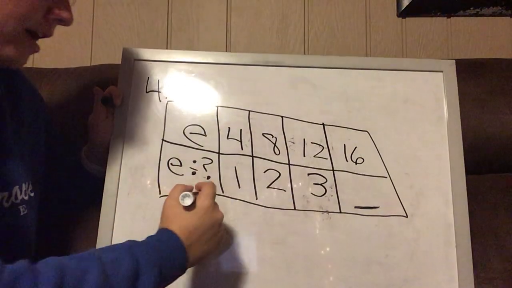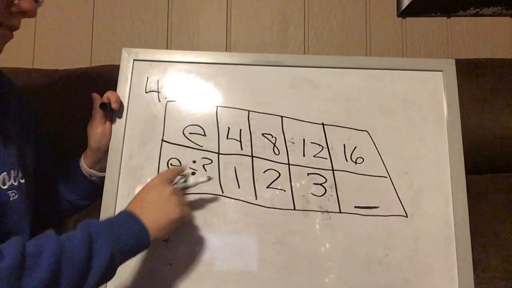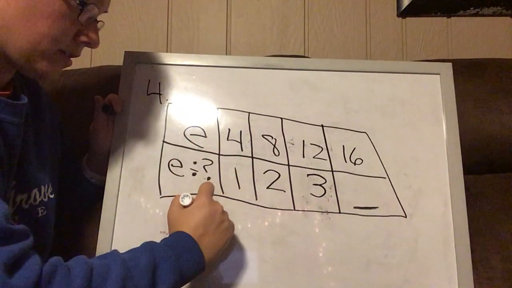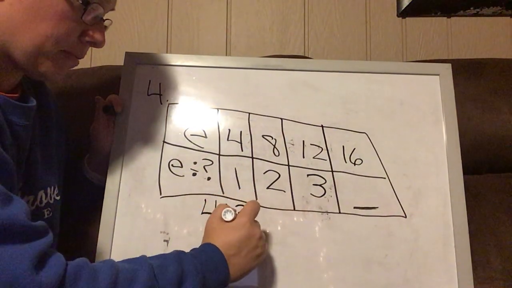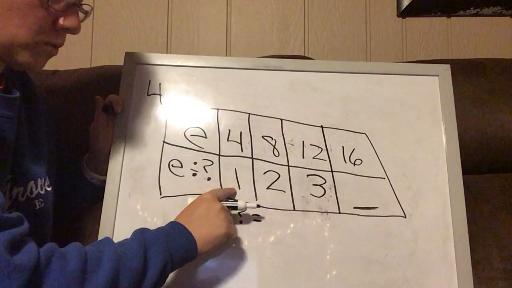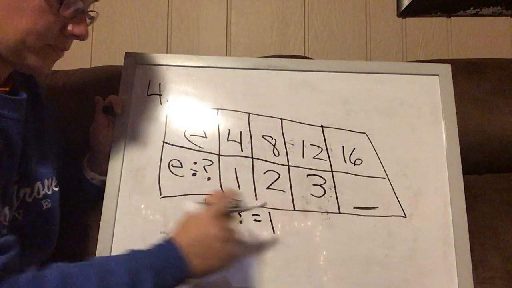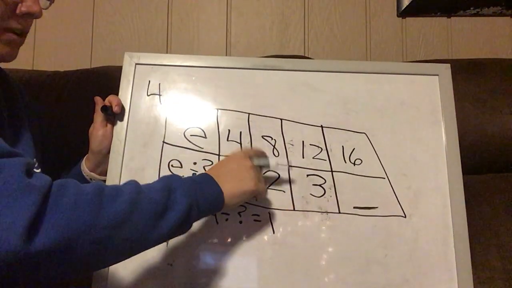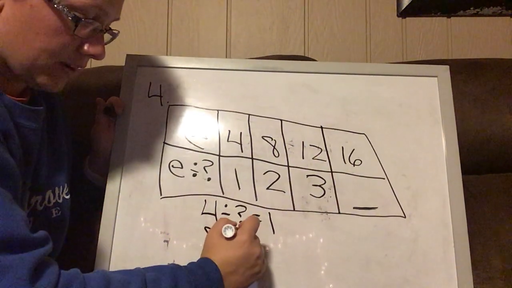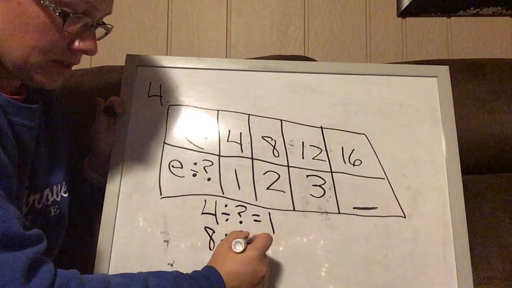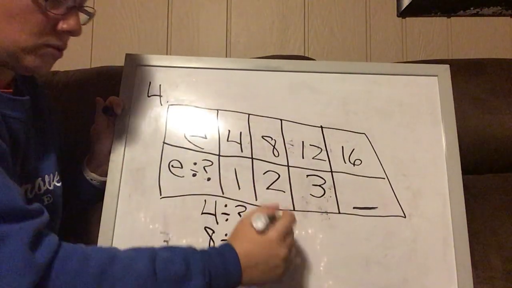So you're looking at E. E is 4. 4 divided by what number equals 1? E, and the next one is 8. So 8 divided by what is going to give me 2?